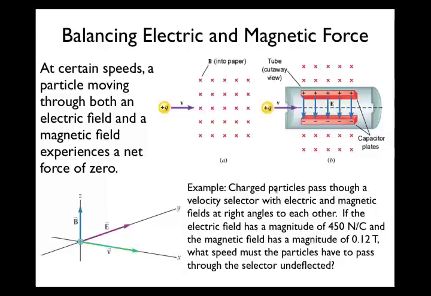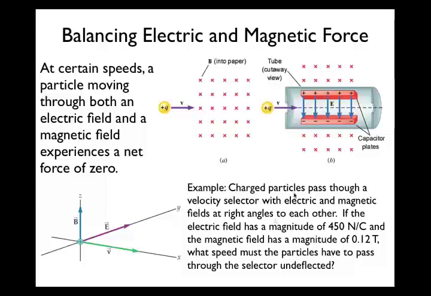Alright, so what if we have charged particles that pass through what is known as a velocity selector with electric and magnetic fields at right angles to each other? A velocity selector is a device that will not have any net deflection on particles that are moving a certain speed, but if particles are moving slower or faster than that certain speed, they'll be steered up or down and ultimately removed from the beam of particles that you're trying to create.